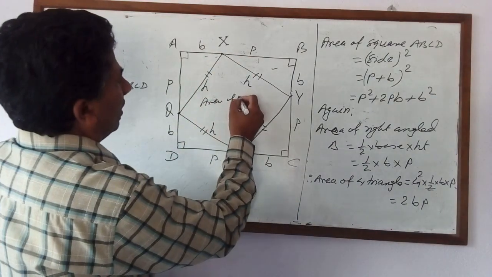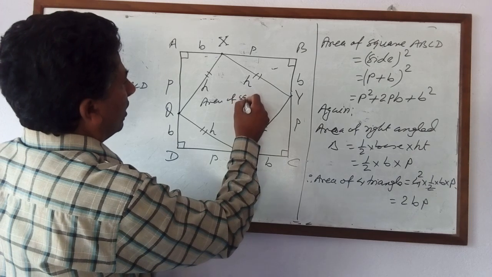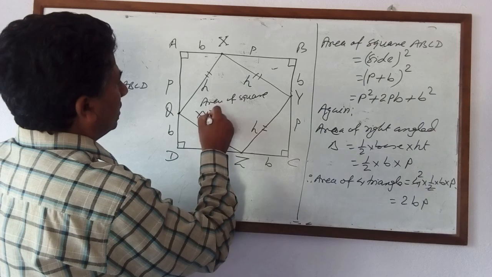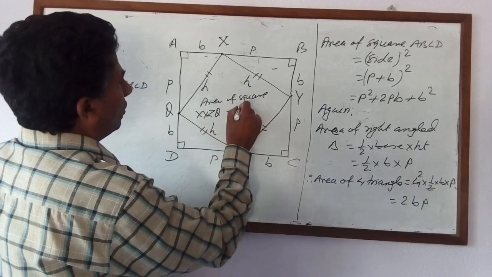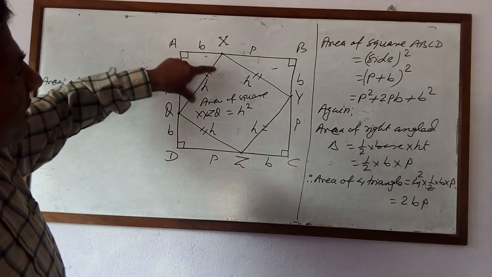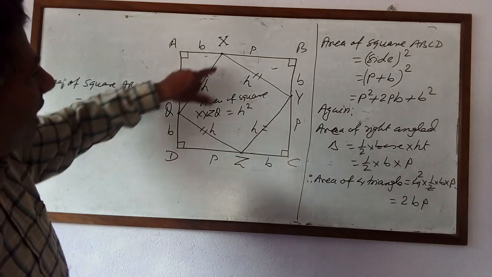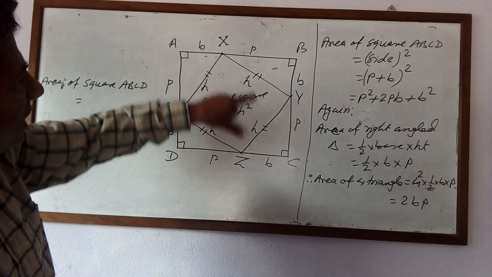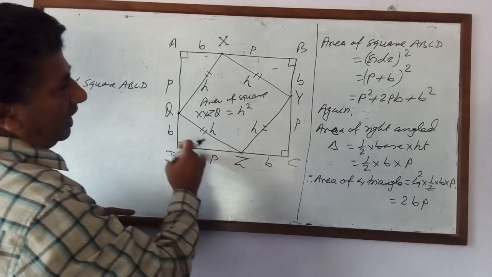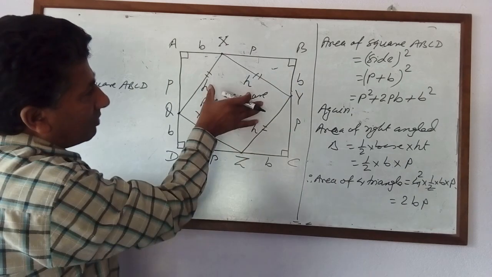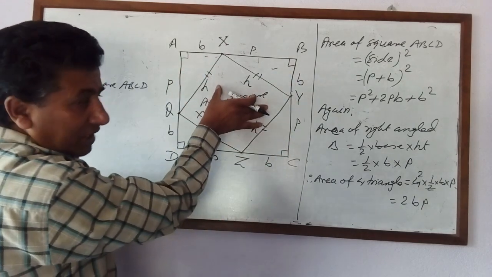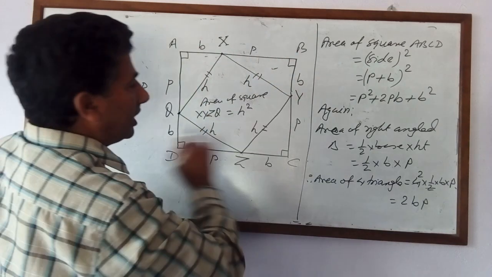The area of square XYZQ equals H square. Side squared, each side is H, so the area of this square is H square. Now the area of ABCD equals the area of this square plus the area of these 4 triangles.